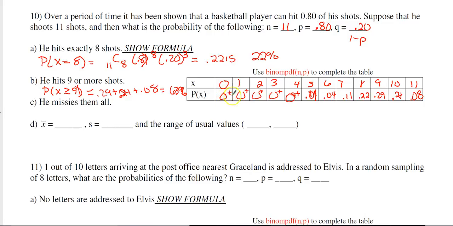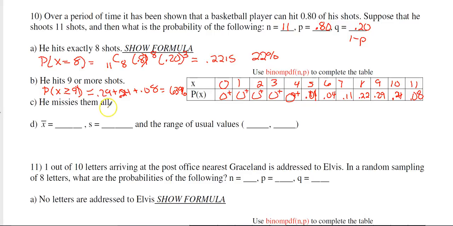Oh, it's different than what I said. The probability that he misses them all would be 0, or 0 plus. The probability that he hits at least 1 would be 1 minus the probability of none, which would be 1 minus 0. So that was two different problems. I hope I didn't confuse you.